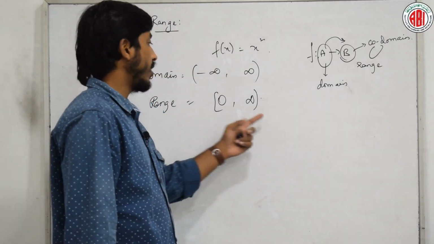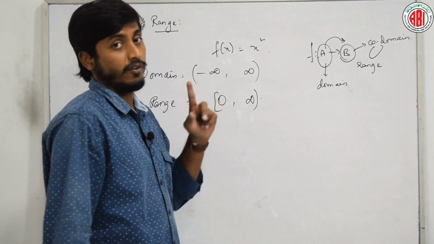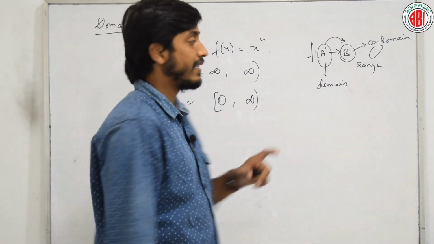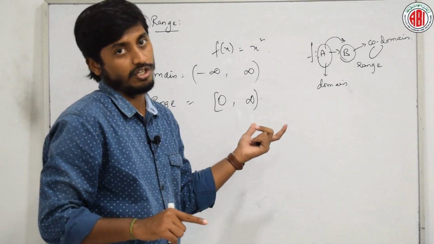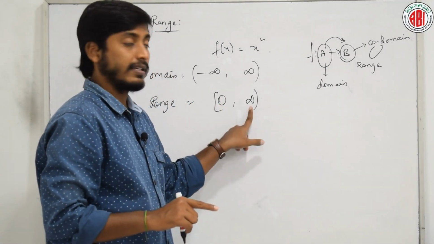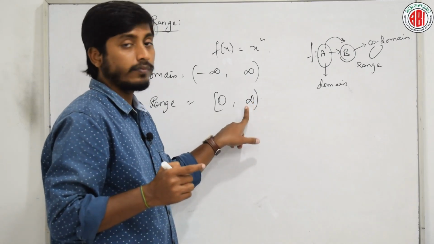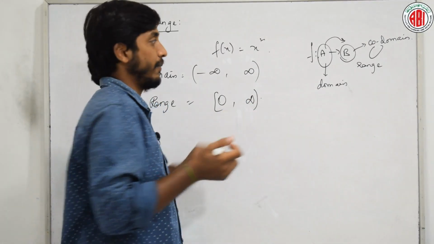If you remember, what are these kinds of brackets? Those are open brackets and closed brackets. What do you mean by a closed bracket? Closed indicates that we are going to include this term also in the range. And what does an open bracket tell? That it does not include this value. Let me tell you an example.